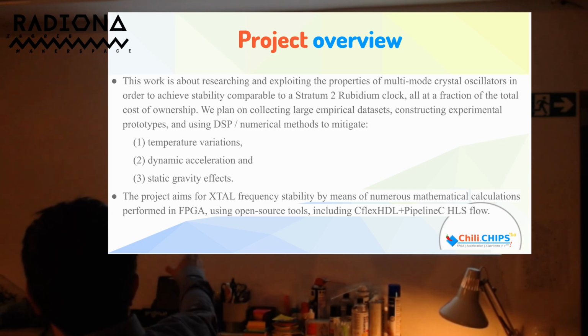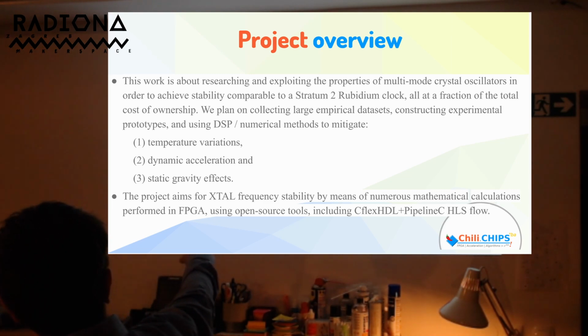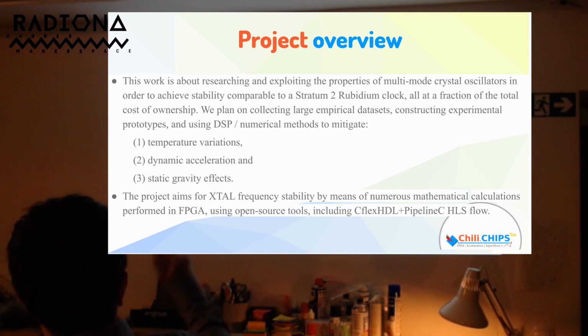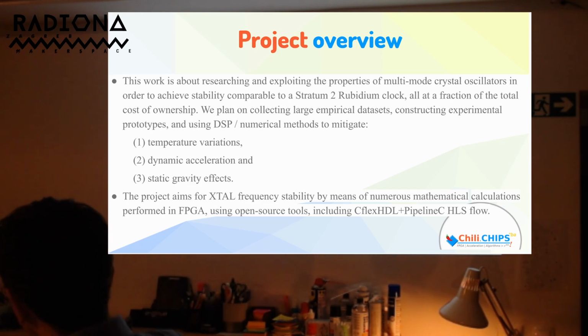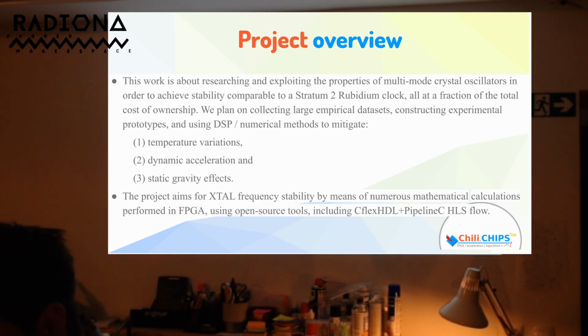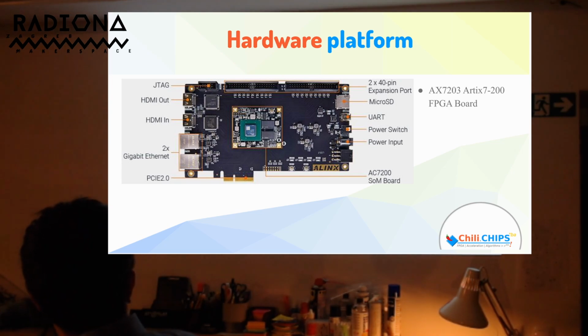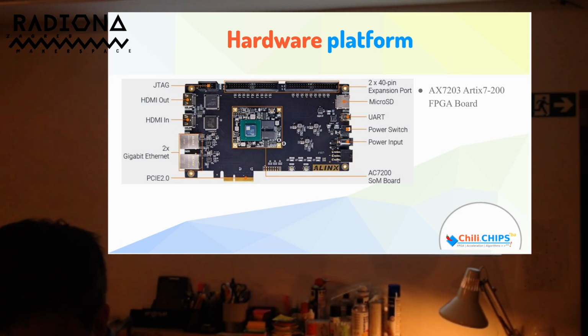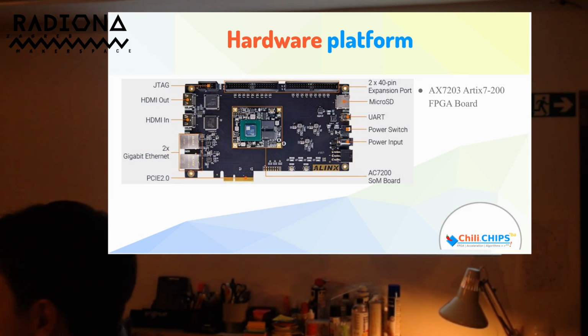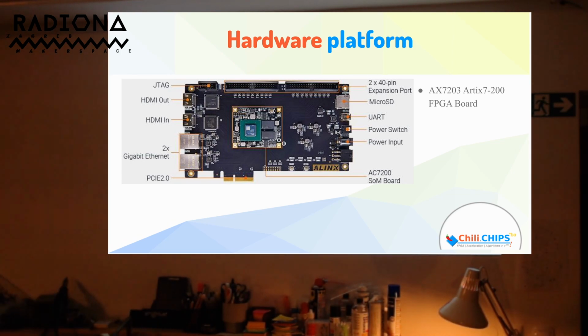So the project aims for frequency stability by means of numerous mathematical calculations using open source tools, including the HLS flow that we briefly talked about in the WireGuard project. The board used here is by my colleagues, which is a different FPGA board. Maybe I can show it to the camera.